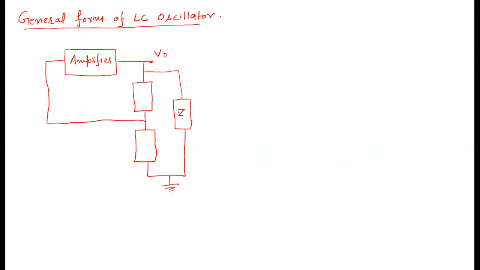Let us name this element Z1, this element Z2, and this element Z3. So here we have two types of circuit.